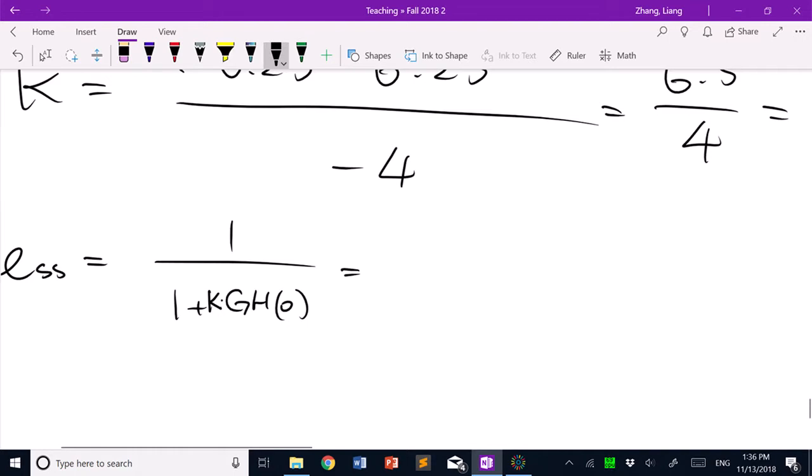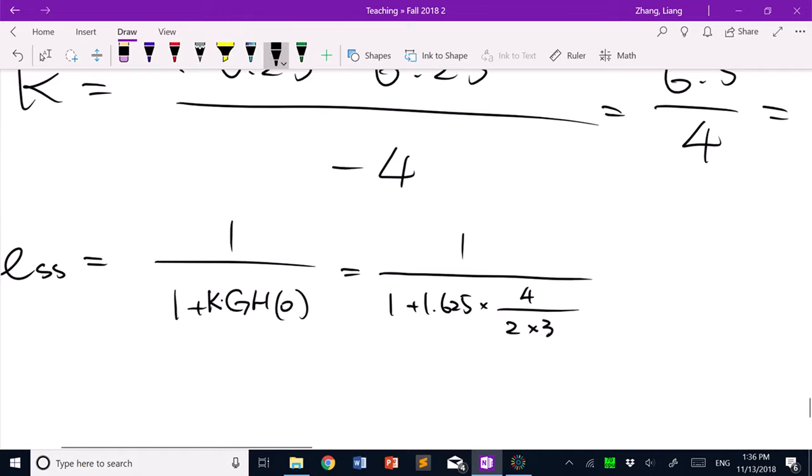So when you have this 1 plus k, we calculated is 1.625 times 4, and then 2 times 3.